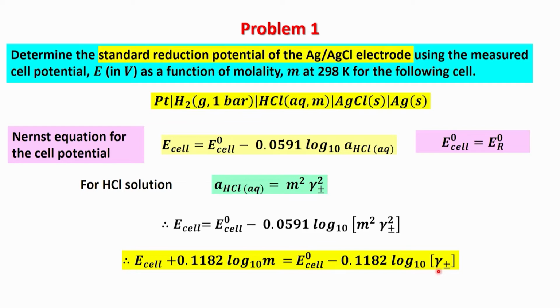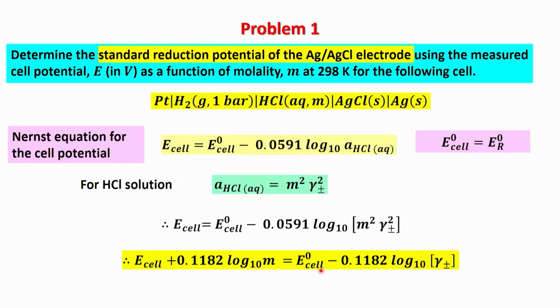Now, at this point I must remind you, although I am talking about the silver chloride electrode in the colloquial way, if I am talking about the standard reduction potential, actually I should be writing silver chloride silver electrode. So, this is implied as you see over here.